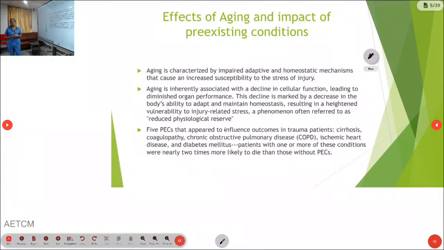It is associated with a decline in cellular function, leading to diminished organ performance, which in turn decreases the body's ability to adapt and maintain homeostasis, thereby heightening vulnerability to injury-related stress, a phenomenon referred to as reduced physiological reserve. Because of reduced physiological reserve, the body needs more time to heal from the trauma.